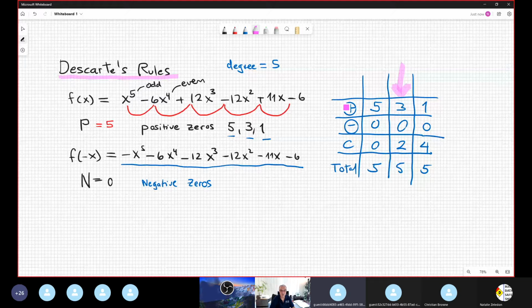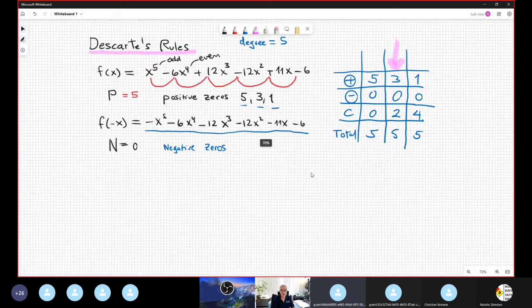But how do you investigate that, professor? Well, using the theorem we studied before. The rational zero theorem says plus or minus p divided by q. Who is p? P is 6. Who is q? Q is 1. Look, this is p and this is q. It's invisible.